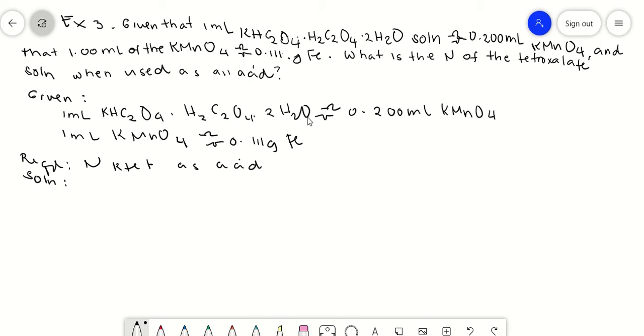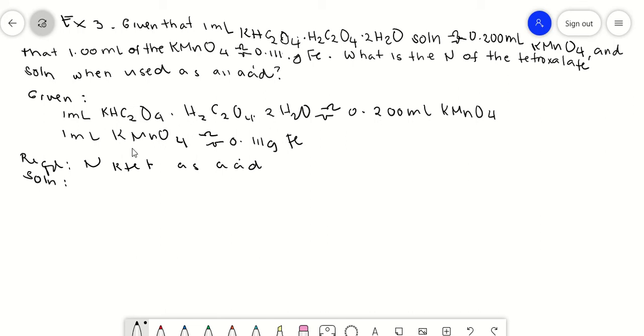Take note that milliequivalence of potassium tetroxalate is equal to milliequivalence of potassium permanganate. However, if you examine the data given, we have only the volume of potassium tetroxalate and the volume of potassium permanganate. We do not know the normality, so we cannot solve for the normality of potassium tetroxalate.